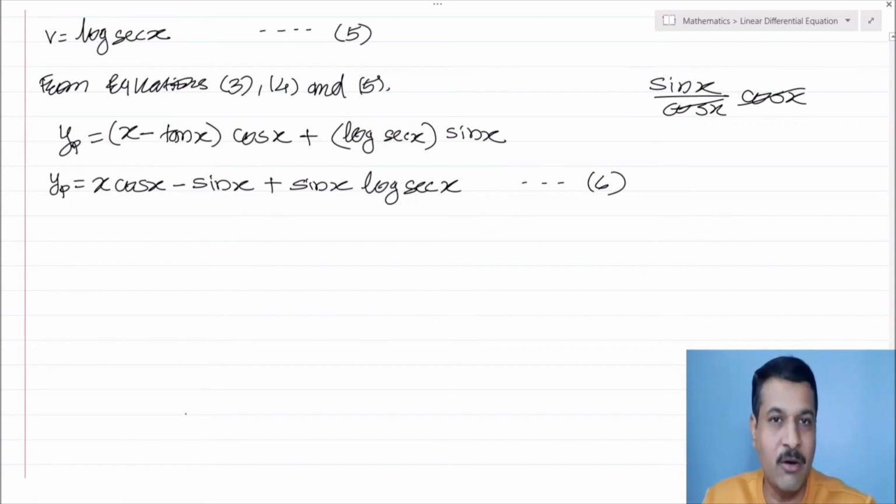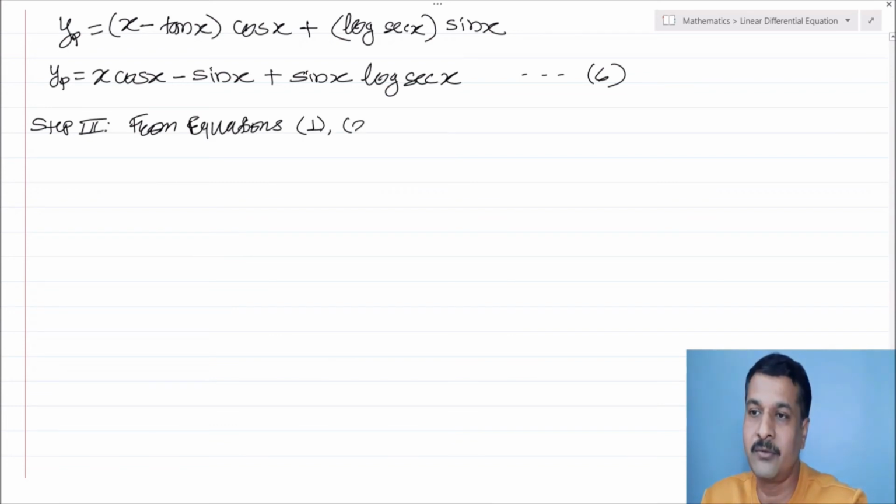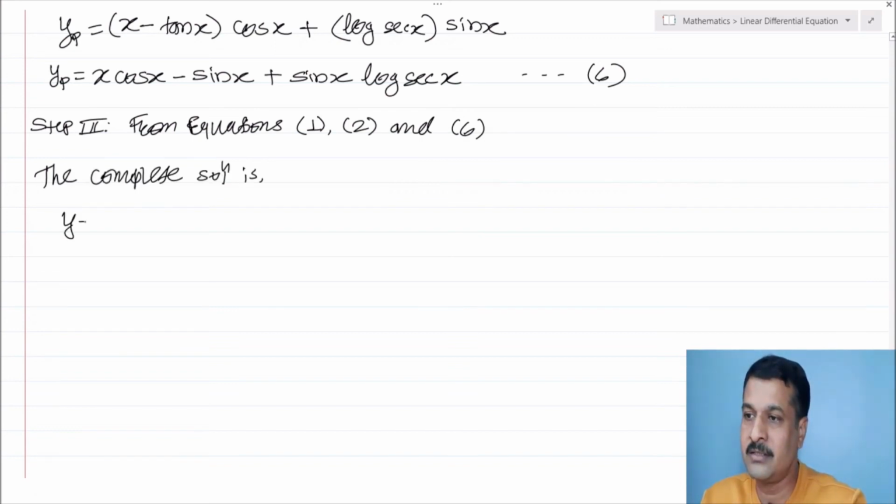So now we have both parts yc and yp. So the complete solution, or you can say the general solution, is step number 3 now. From equations 1, 2 and this 6, the general solution is y equal to yc plus yp. So what is yc?